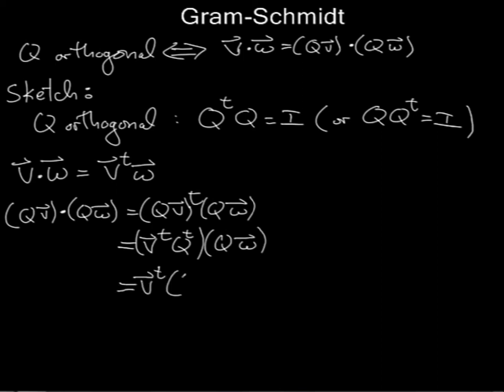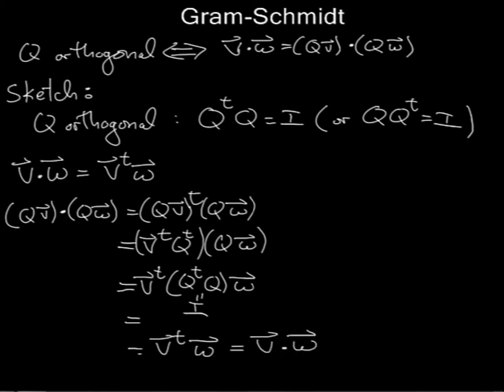And now regroup, you get the Q transpose Q in the middle. And of course, that's the identity. So it goes away and you get V transpose W, which is to say V dot W. So that basically explains why orthogonal is the same thing as preserving the dot product, or preserving angles. And remember, the length of a vector is just the dot product with itself, or the square. And so if something preserves the dot product, it clearly also preserves lengths.